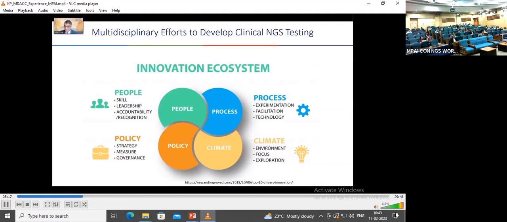And that can be scary, that can be nerve-wracking, as we can imagine. That's one of the many reasons why we required a detailed framework. What I'm going to be describing is part of this larger framework, and I'll be sharing some important bits and pieces from that journey so that we can understand different elements of the ecosystem that needs to be created to allow a successful integration of a technology such as next generation sequencing.